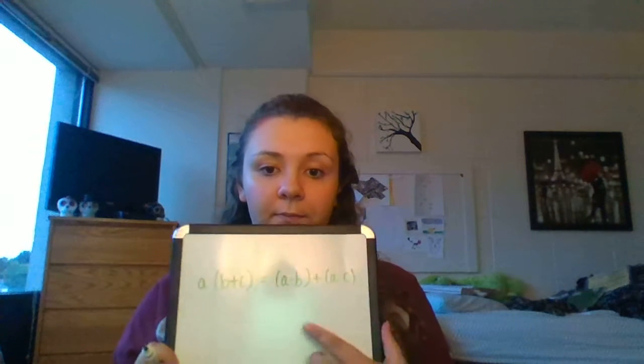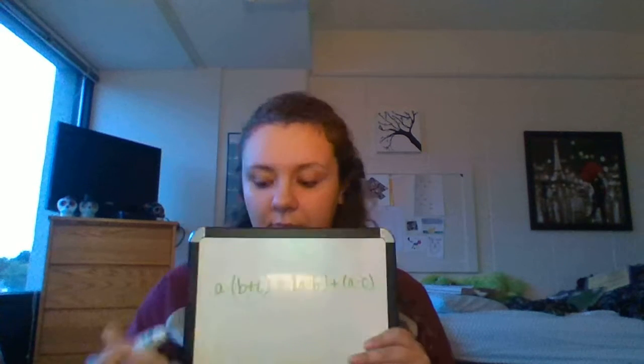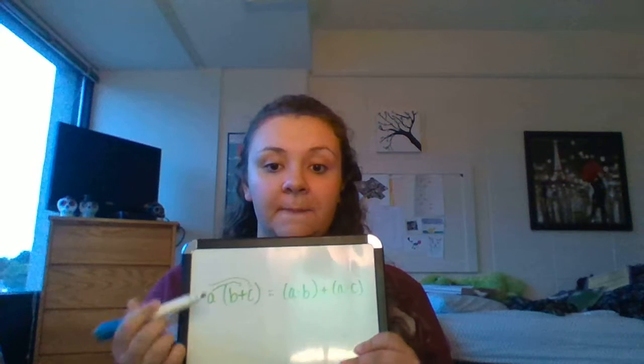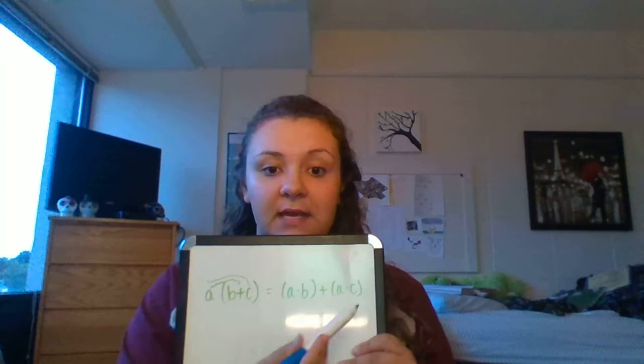So it will be A times B plus A times C. So here you distribute the A to the B, and A to the C. So over here you have A times B plus A times C.